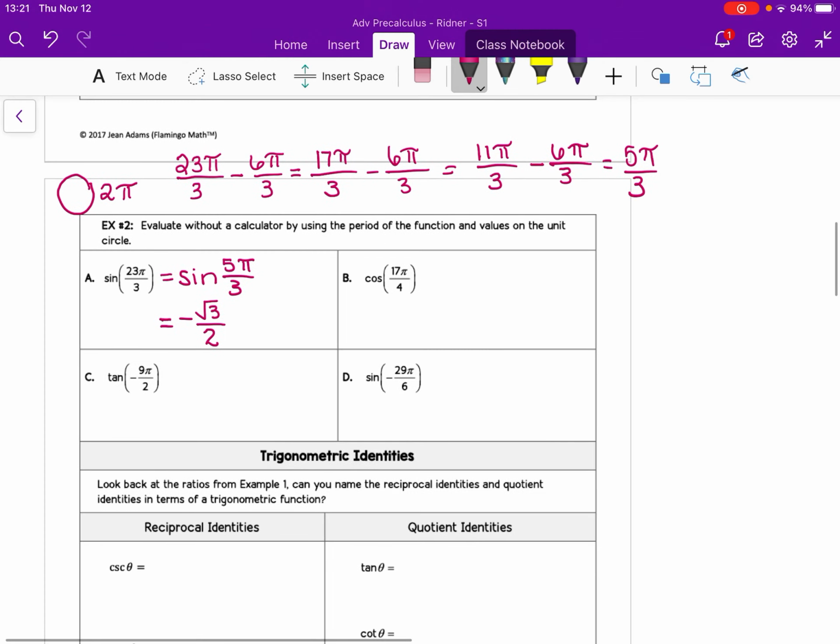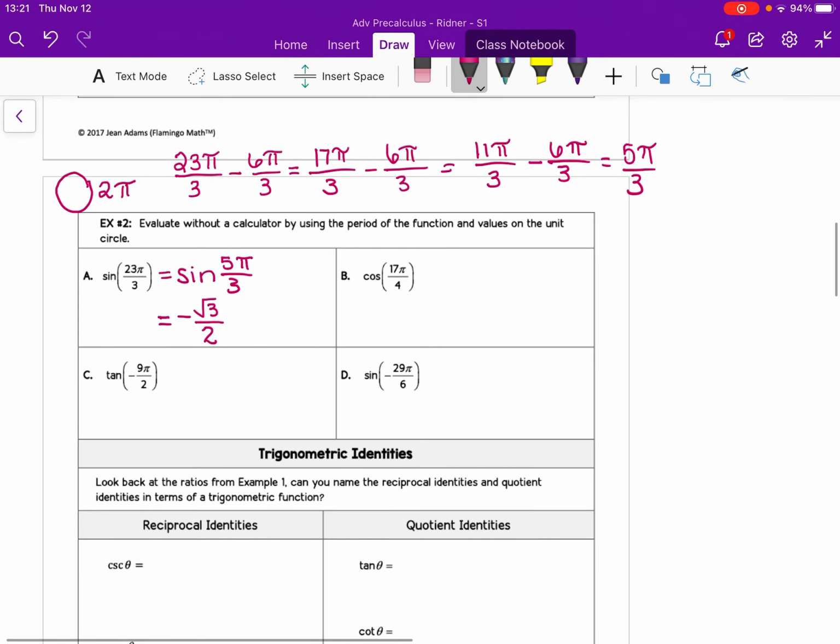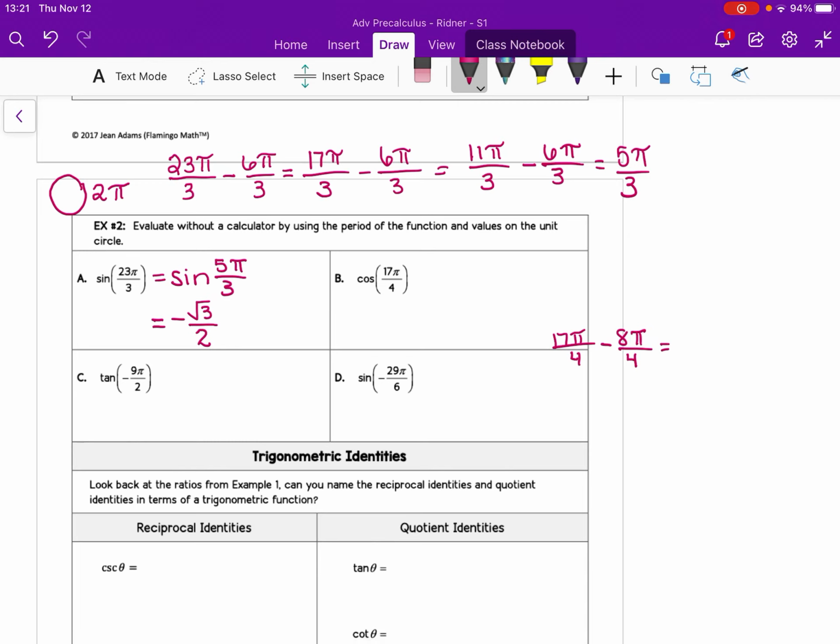All right, so cosine's going to work the same way. This time it'll be subtracting 8 pi over 4. So I'm just finding a common denominator that divides to get 2. Whoops, that's not right. Math is important, right? So subtract again to get 1 pi over 4.